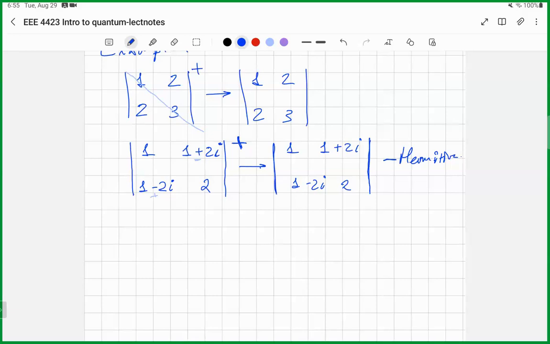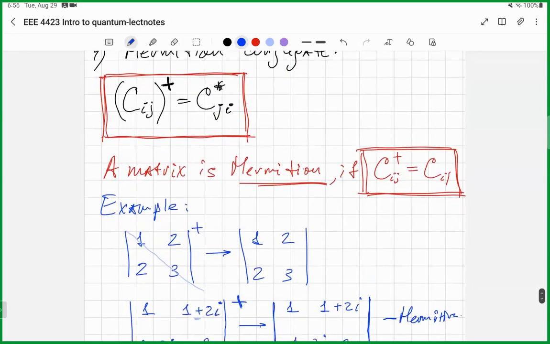And the importance of these Hermitian matrices is that they represent all physical quantities in quantum mechanics, in quantum theory, for a reason that will be clear when we discuss it next week. So any physical quantity is given by a Hermitian matrix. That's very important. So that was number 4.